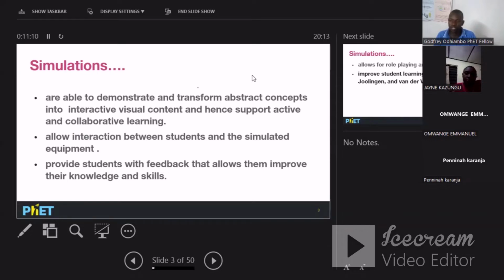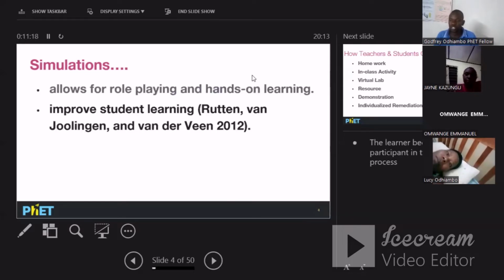Simulations provide students with feedback that allows them to improve their knowledge and skills. Simulations also allow for role-playing and hands-on learning. Therefore, at the end of the day, the simulations improve students' learning. And that is according to Rutten, Van Joolingen, and Van der Veen in 2012.